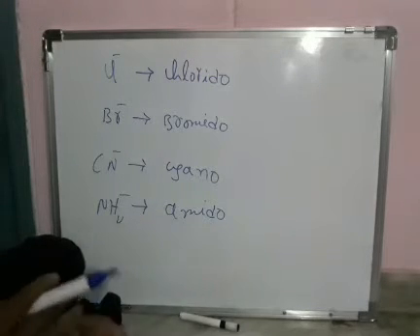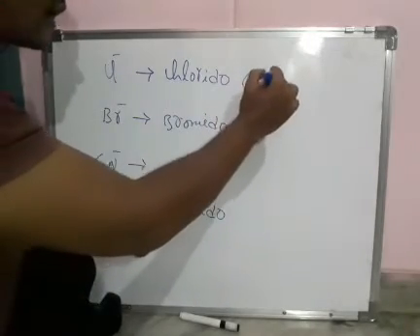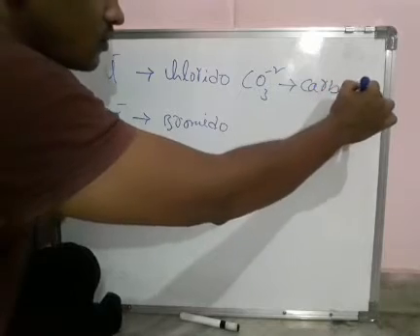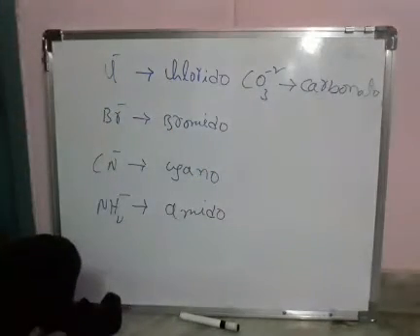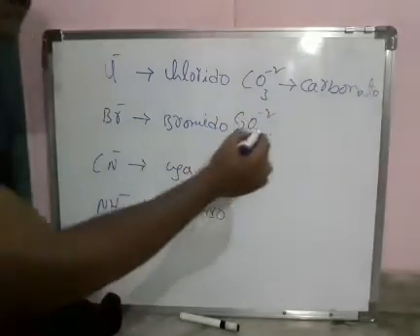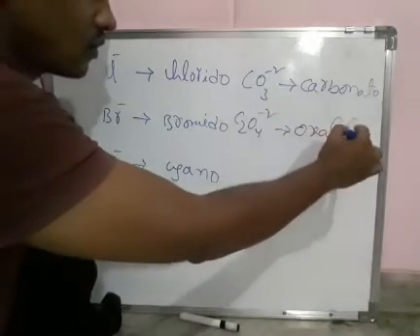And some more anions. For example, carbonate ion CO3 minus 2 is called carbonato. And oxalate ion, C2O4 minus 2, is named oxalato.